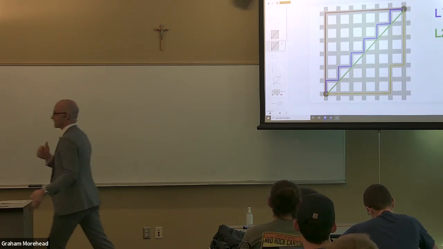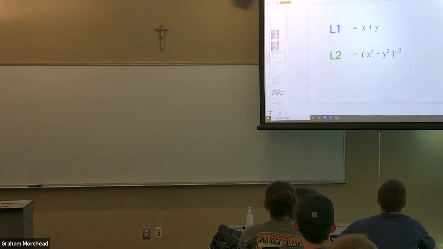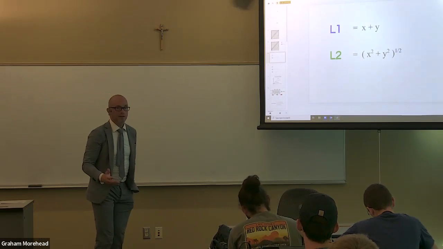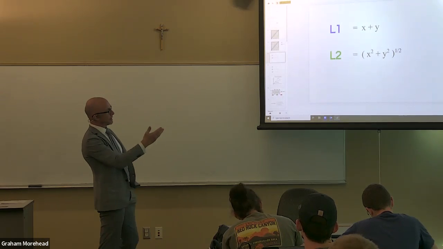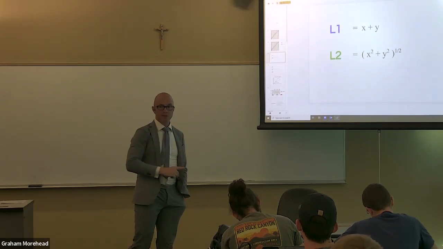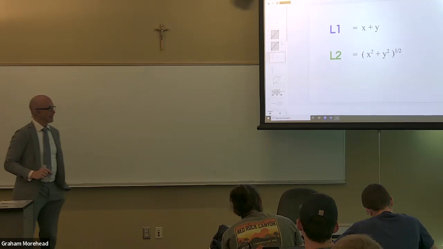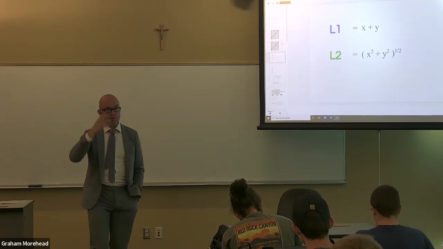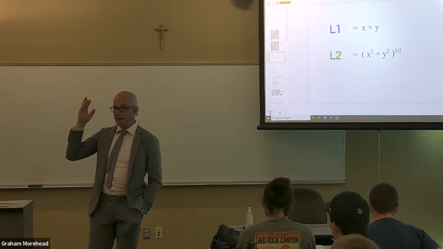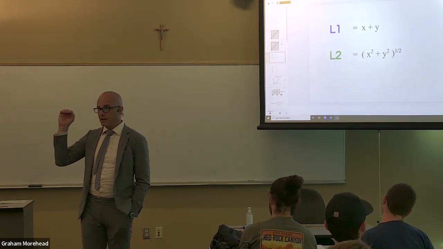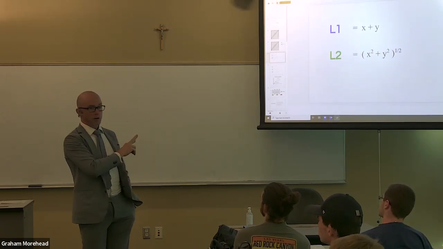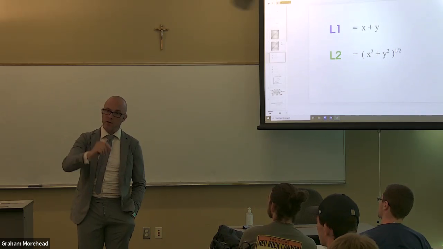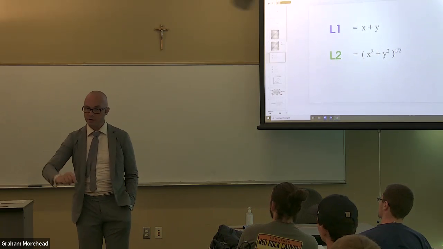Yes, exactly. So L1, everything is raised to the exponent of 1. L2 is the square root of the sum of the squares. And this works no matter how many dimensions we have. If it's X, Y, Z, A, B, F, G, whatever. And the L2 norm in a 3-dimensional space would be the square root of X squared plus Y squared plus Z squared.